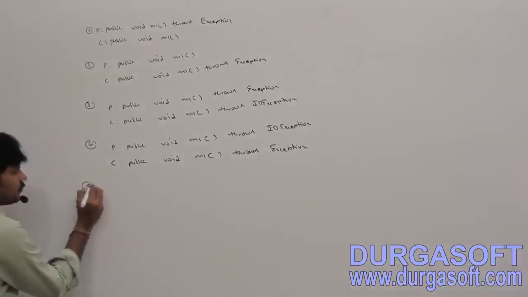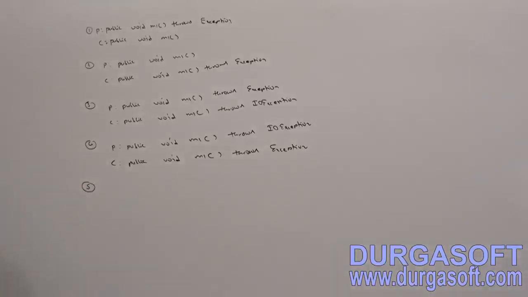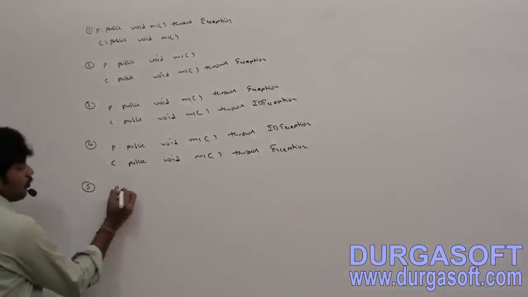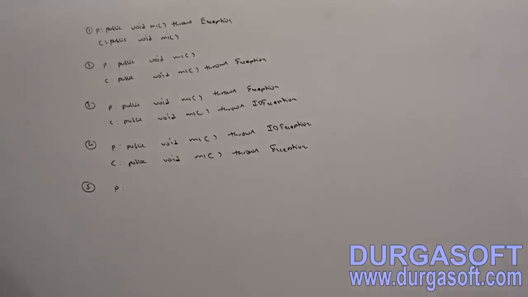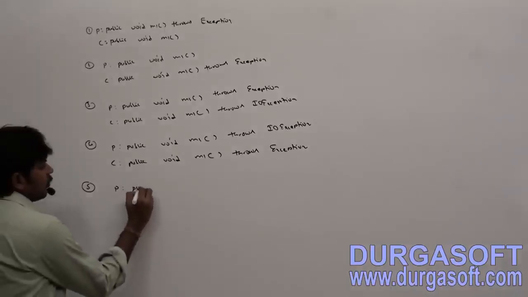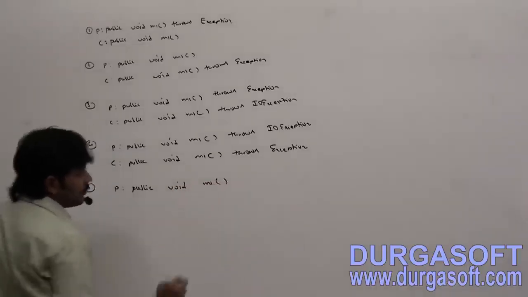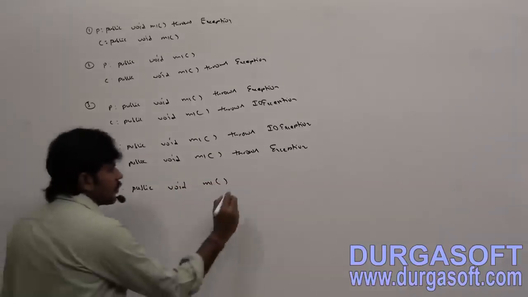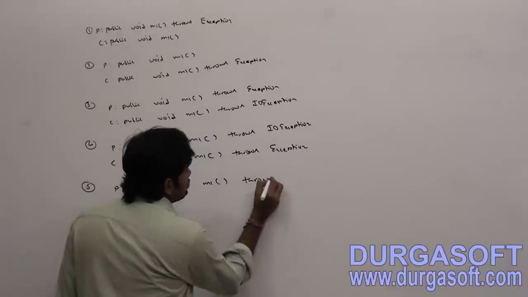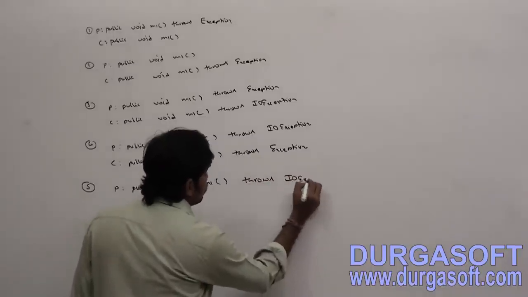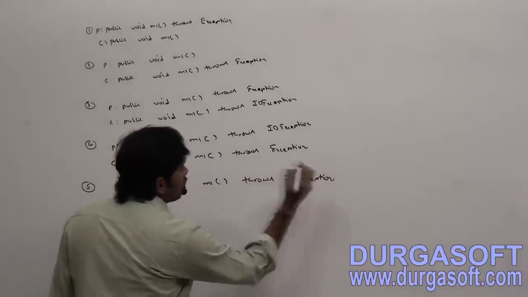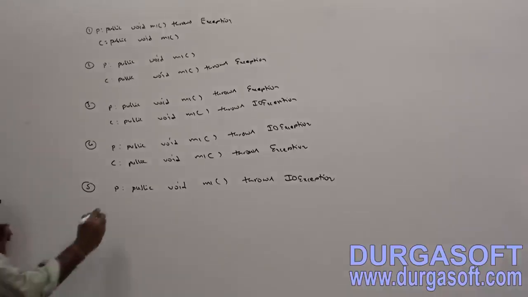Next, fifth one. Observe, parent class method public void M1 throws IOException.